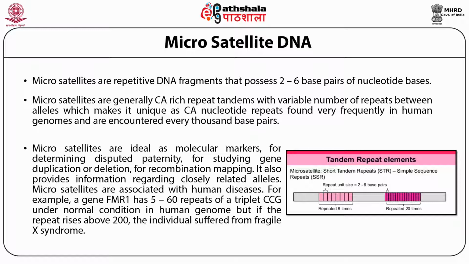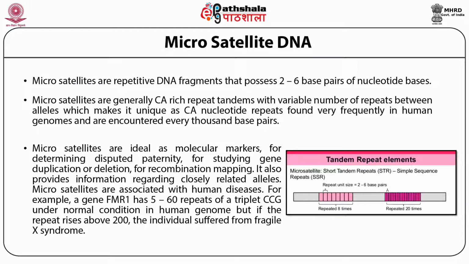Some of the diseases that are associated with microsatellites include Huntington gene, Fragile X syndrome, Kennedy disease, myotonic dystrophy, and Friedreich ataxia. The minisatellite and microsatellite DNA repeat segments do not have any specific function in DNA structure, but their existence is of great importance.